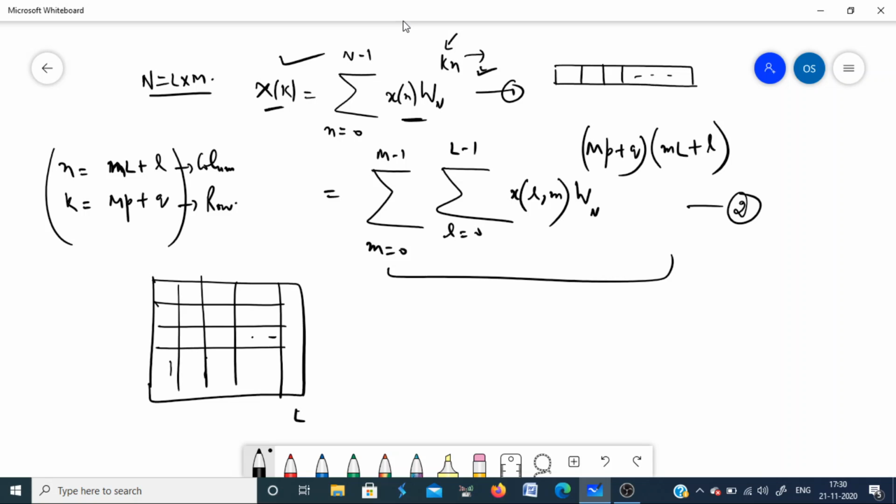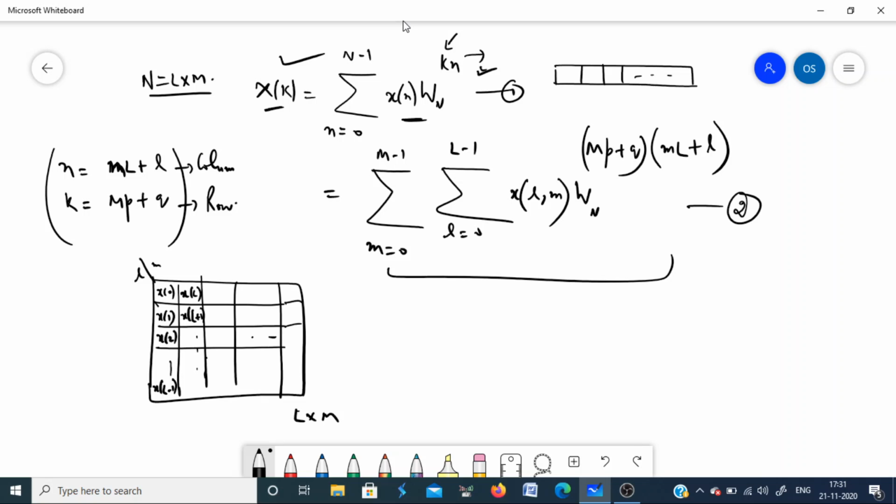Okay, L cross M. So you are using x0, you are filling here, then x1 you are filling here, then x2 you are filling here, and so on. Last element will be x of L minus 1. Okay, then xL will come here. This will be x of L plus 1 and so on.